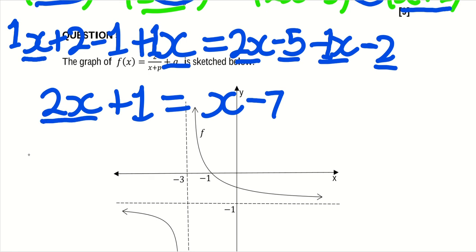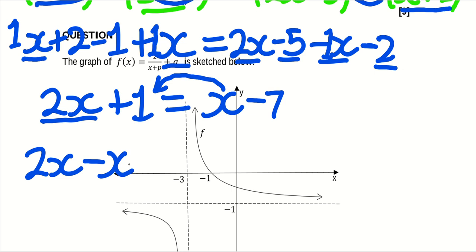For example, 2x, I'm going to write it on this side. Then I'm going to bring this x to the left so that it can join the 2x, because they are like terms. When I take it to this side, I have to change the sign to negative, because it's skipping the equal sign. As soon as it skips the equal sign, its sign changes, so the x becomes negative x.